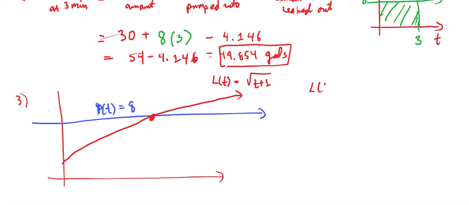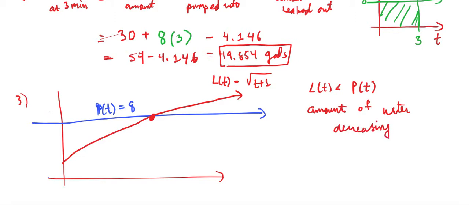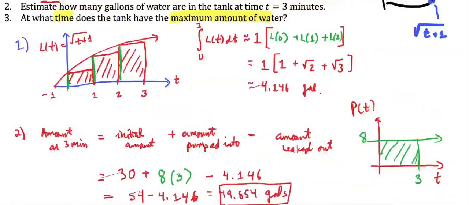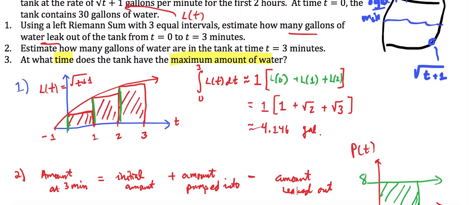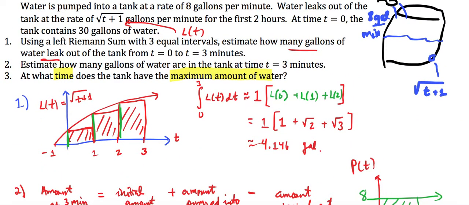So when L of T is less than P of T, the amount of water is increasing.